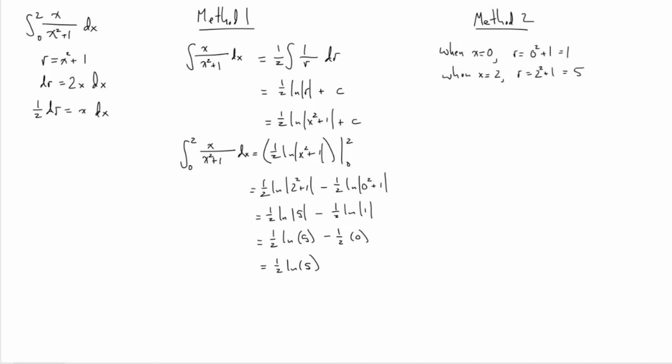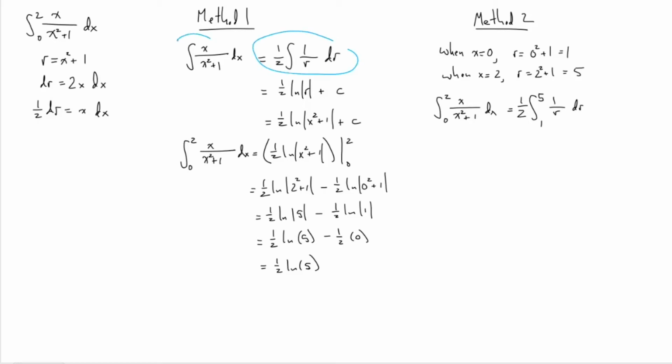And we use the fact that r is x squared plus 1 to determine that when x is 0, r is 0 squared plus 1, or 1, and when x is 2, r is 2 squared plus 1, which is 5. So that the integral from 0 to 2 of x over x squared plus 1 with respect to x becomes 1/2 the integral from 1 to 5 of 1 over r dr, where the 1/2 and the 1 over r dr come from the same substitution that we did over here.